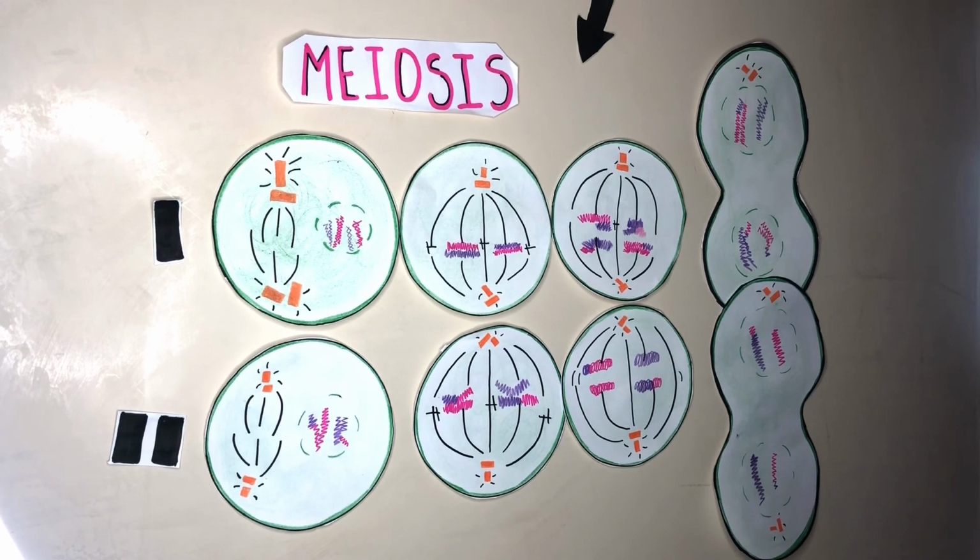And then there is the random orientation of the homologous pairs, when the homologous pairs in metaphase 1 allow the production of gametes with many different assortments of the homologous chromosomes in phase 2.